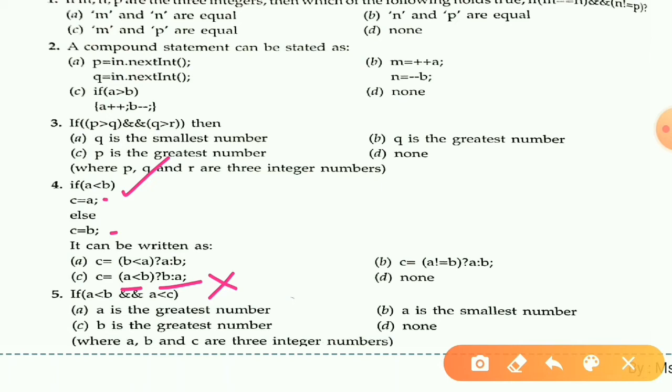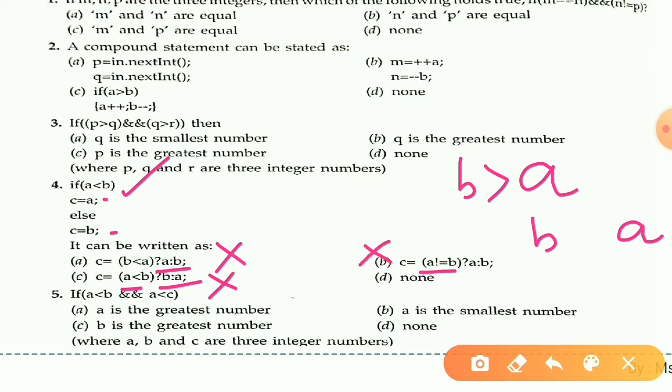Now if we reverse the case, B greater than A, then for the true statement you must have B and for the false statement you must have A. But over here also it is reversed, so this should also not be the answer. See this b part, a not equal to b, our condition does not match over here, so this is also not the answer. Hence you will have D as the answer.